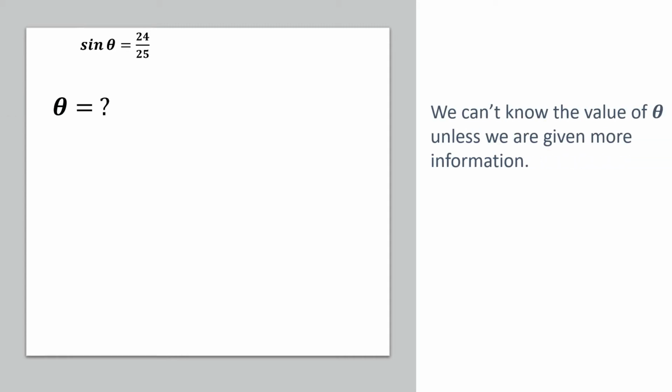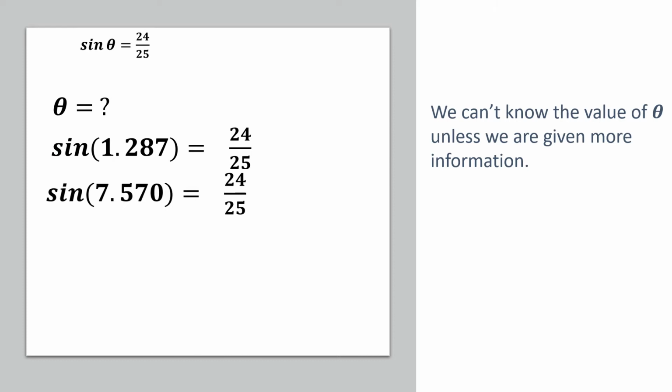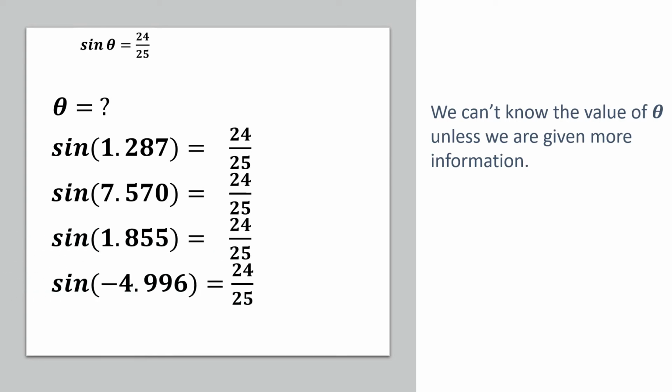But how can we figure out the value of theta? How can we figure out what angle we're referring to? And we actually cannot. This problem is not enough information. You can type in your calculator the inverse sine, the arc sine of 24 over 25, and you get this first number, 1.287.